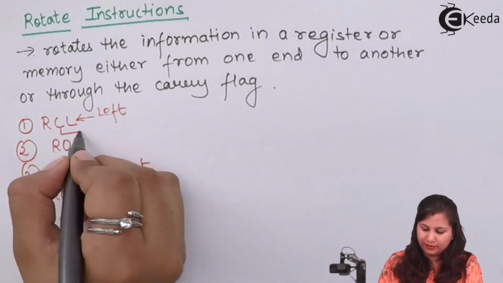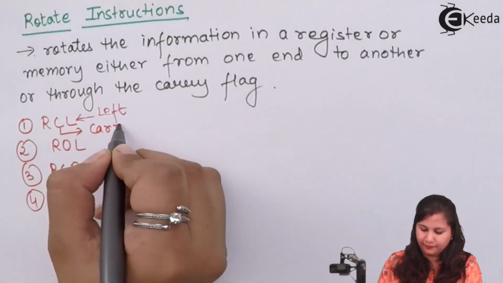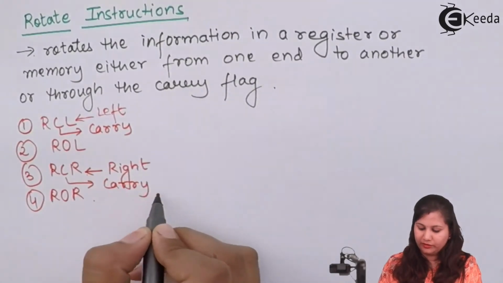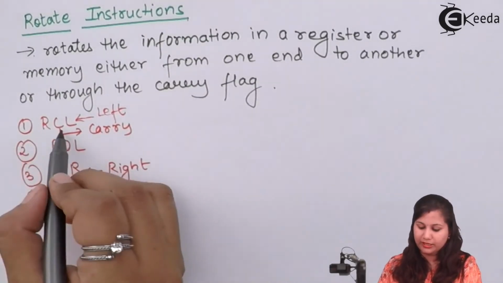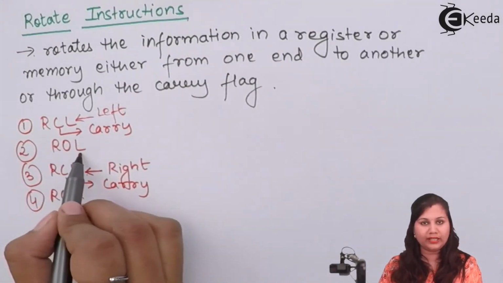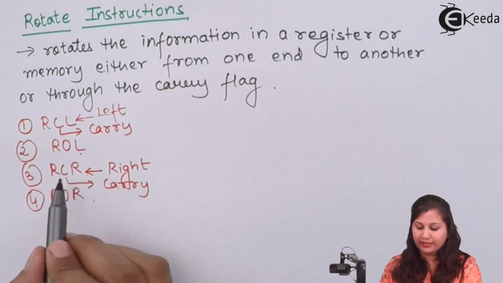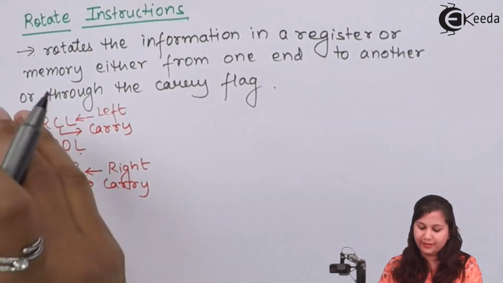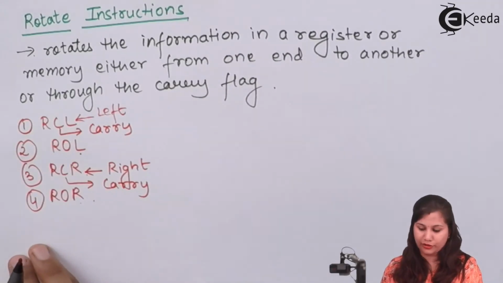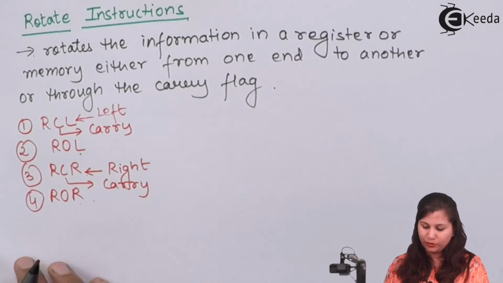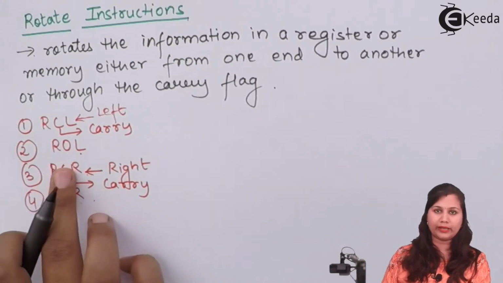Then we have C, which is for carry. So RCL is rotate left through carry, ROL is rotate left, RCR is rotate right through carry, and ROR is rotate right. So these are the four rotate instructions. Let us study these instructions one by one. First, we will start with the ROL instruction.